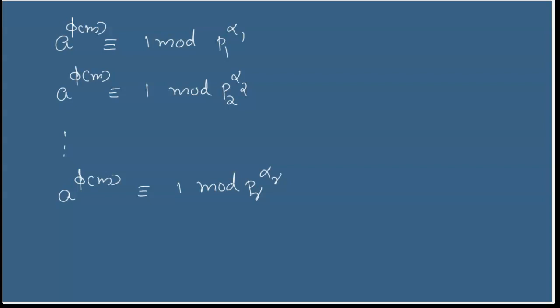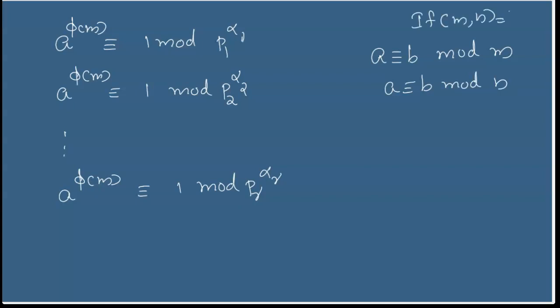Here we can observe that these moduli p1^α1, p2^α2 and so on, pr^αr are all relatively prime to one another. Now we know that a congruent to b modulo m and a congruent to b modulo n, where GCD of m and n is equal to 1, will imply that a is congruent to b modulo mn.